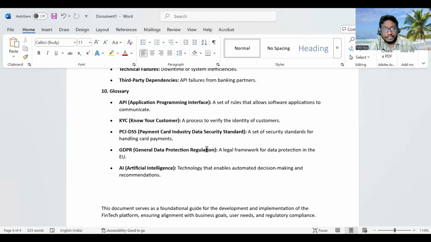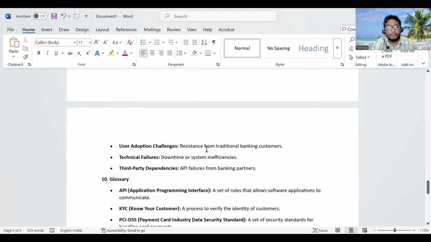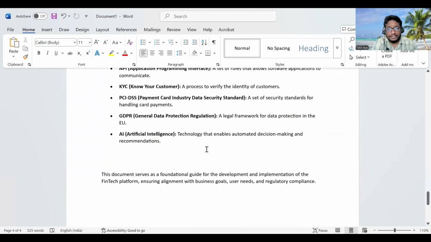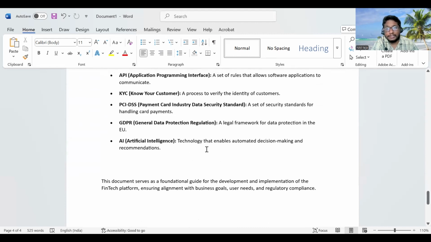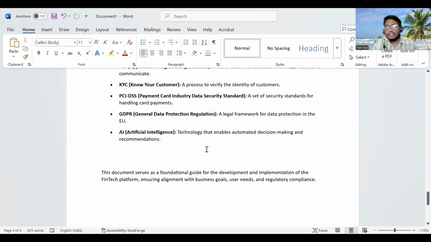And KYC, know your customer, a process to verify the identification of customers. Next, PCI DSS, payment card industry data security standard, a set of security standards for handling card data. Okay, these are the glossary, guys. You will have the abbreviation part here.